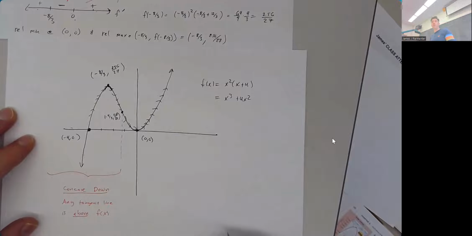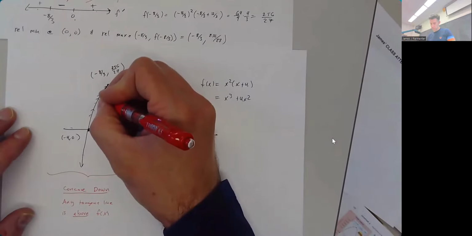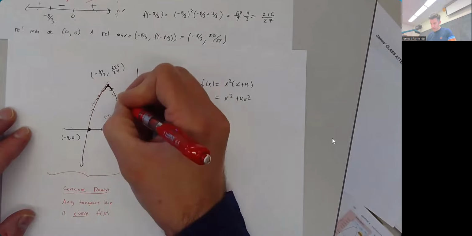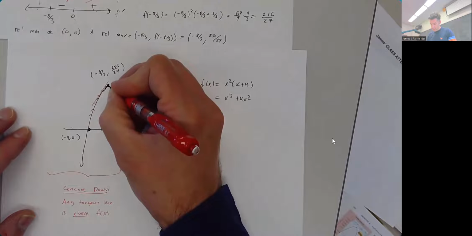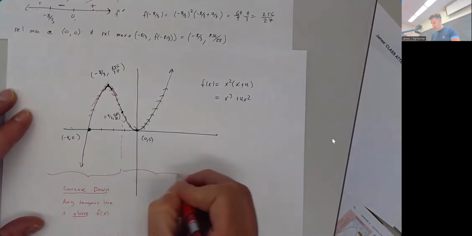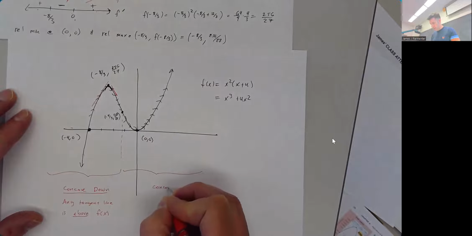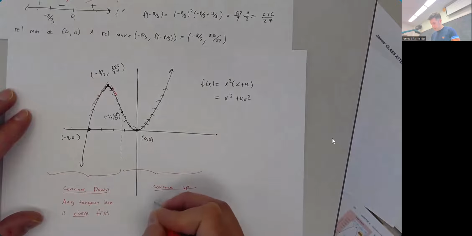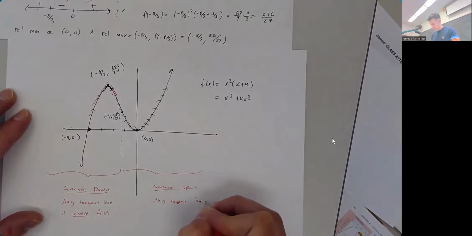Draw one yourself. Any tangent line I draw is above the function, as long as I'm not a terrible drawer. On the other side over here, where it's concave up, any tangent line is below the function.